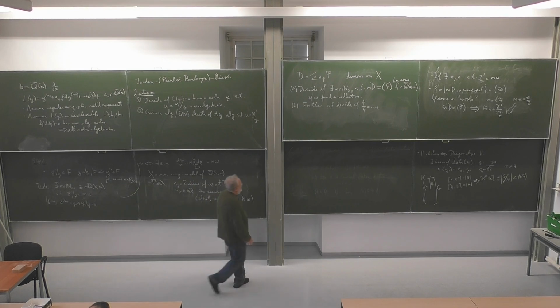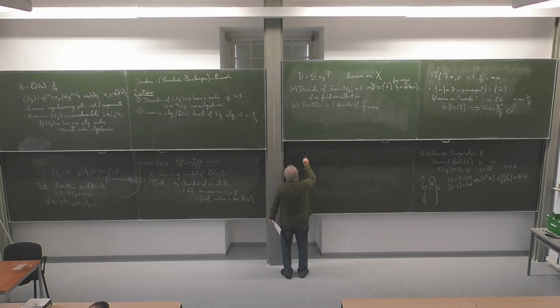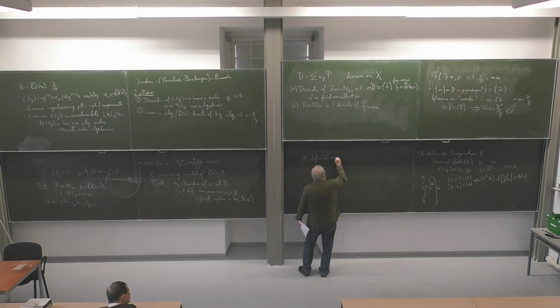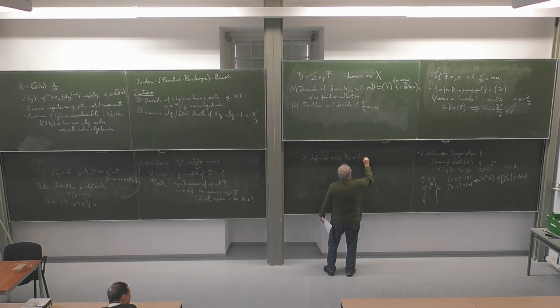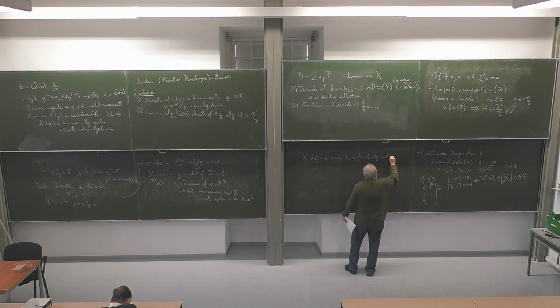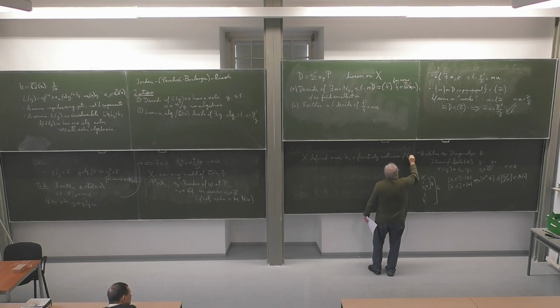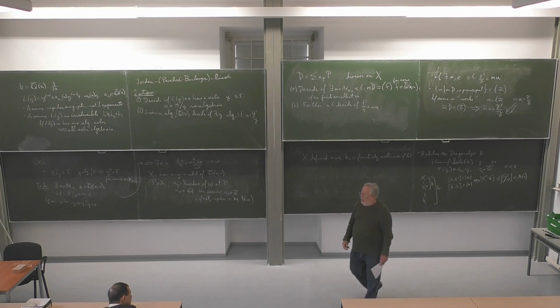So first notice that this non-singular model is defined over some K0, which is a finite algebraic extension of Q, a number field. We have a curve defined over a number field.